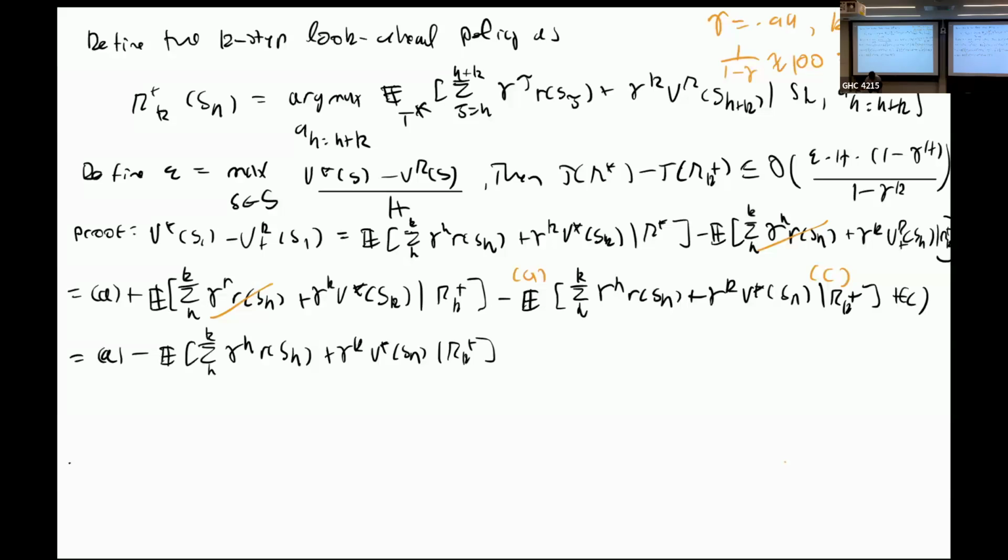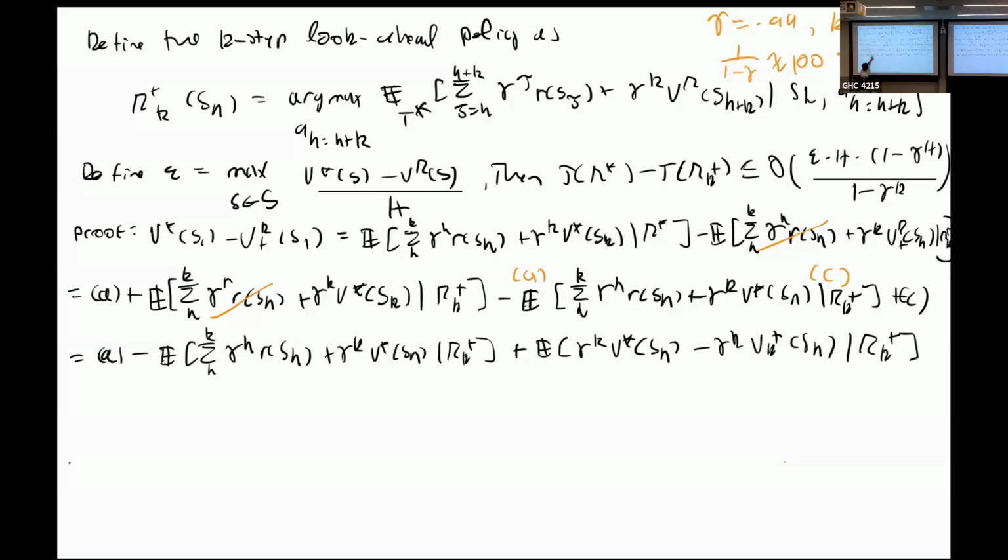Then I will have the final matching term, which I haven't touched: the expectation of gamma to the k of V star of s_k minus gamma to the k of V k plus of s_k, conditioned on me picking actions with pi k plus.